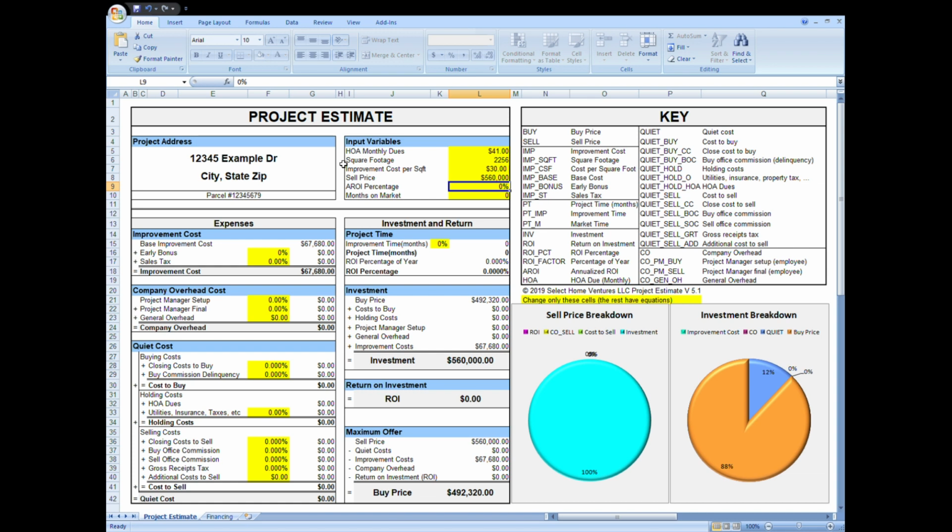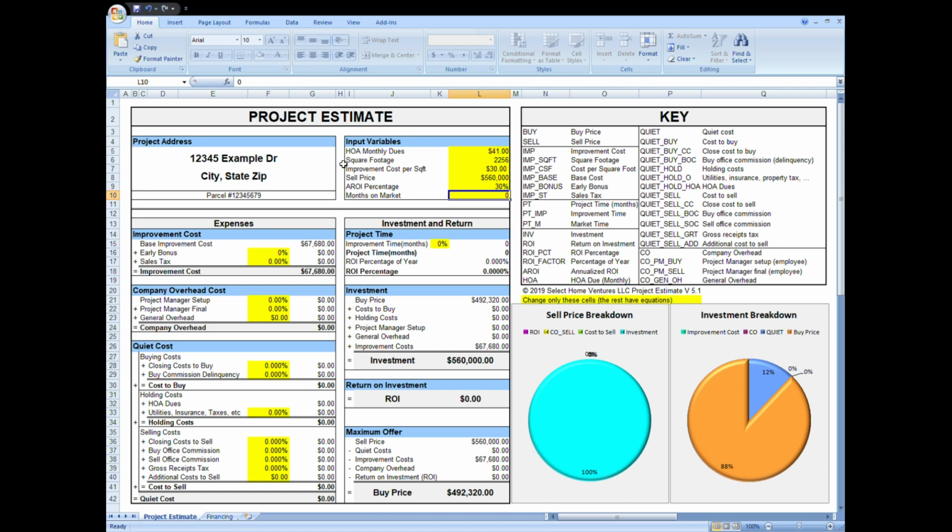If you desire a 50% AROI, then the return on investment would be $250,000. 40% would be $200,000. 30% would be $150,000. In this tutorial, we want 30%. Let's return to this in just a few minutes.